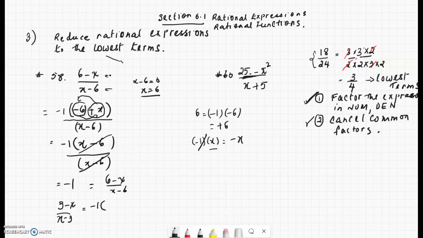So factor the negative out, and this is the negative of x minus 3, because negative times negative gives you a positive 3. So it's negative 1 times x minus 3. When you factor a negative 1 out, the positive changes to a negative, the negative changes to a positive. So that's divided by x minus 3. It cancels out and you get minus 1.